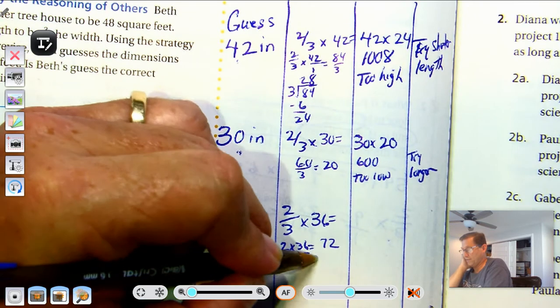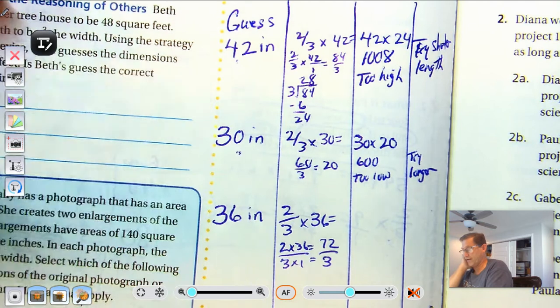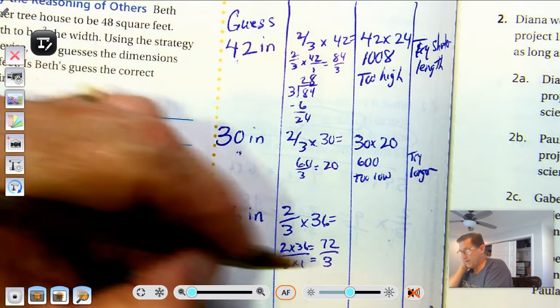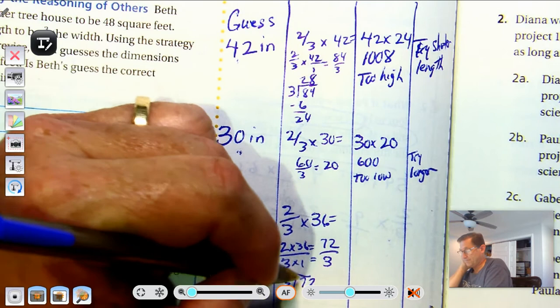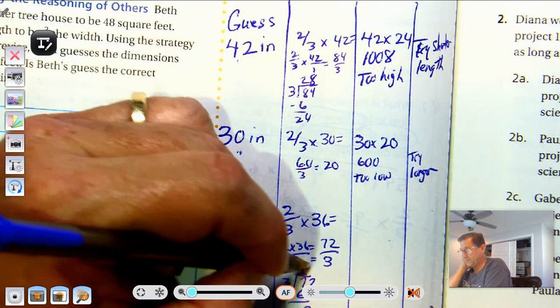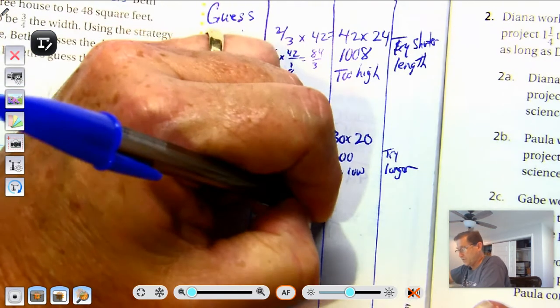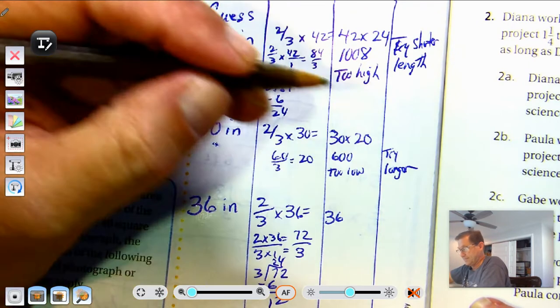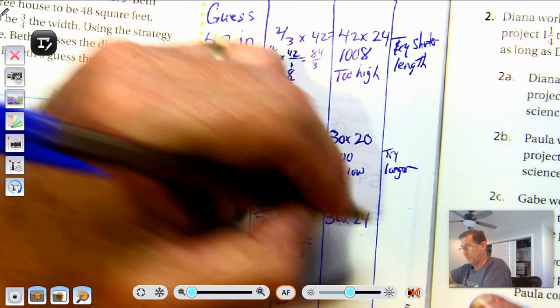Over 3 times 1 is 3. 72 divided by 3 is 24. So let's try 36 times 24.